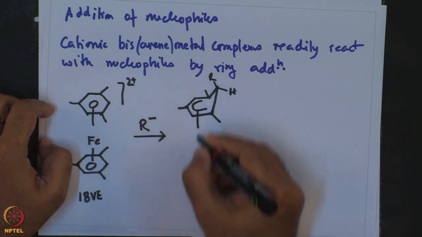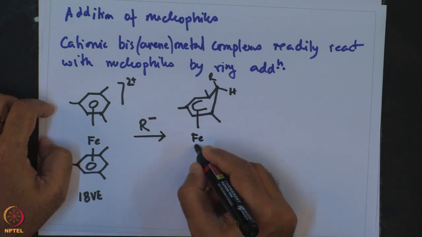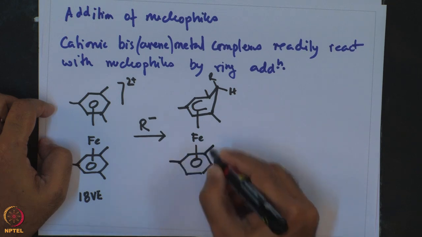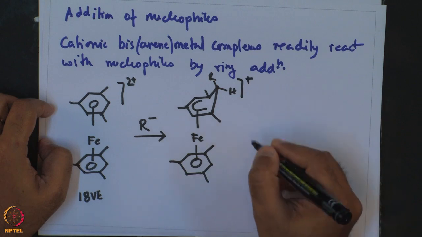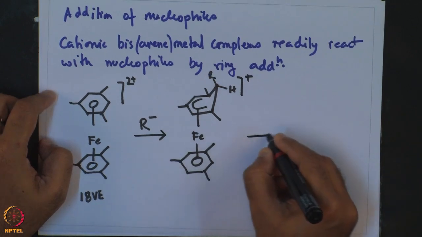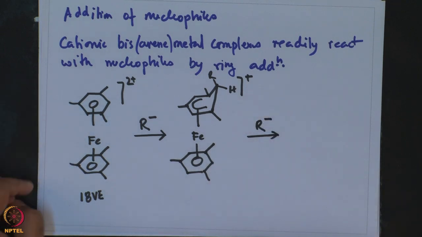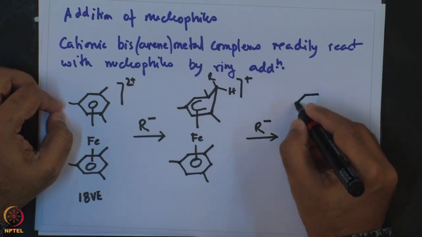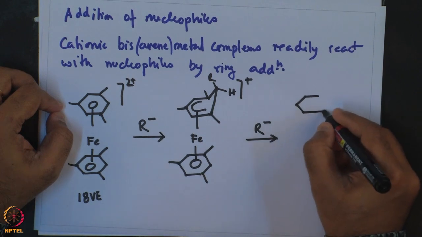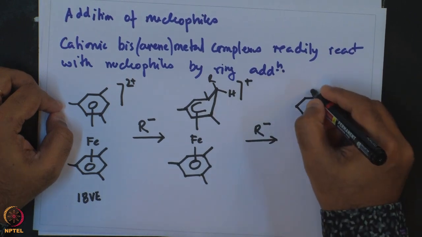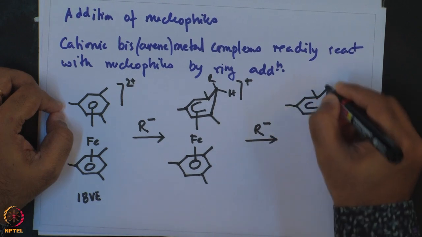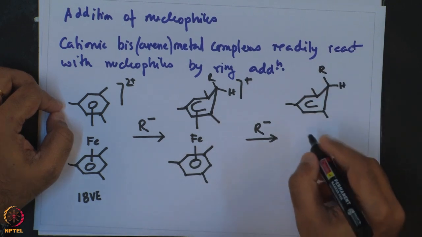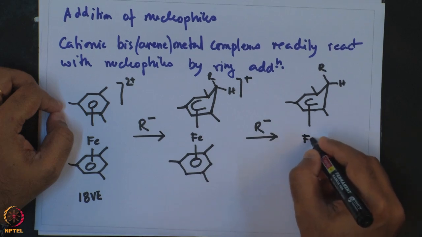Iron, Fe, and the other ring still remains intact, and overall this becomes a monocationic complex which can react with a second nucleophile to give this neutral compound.